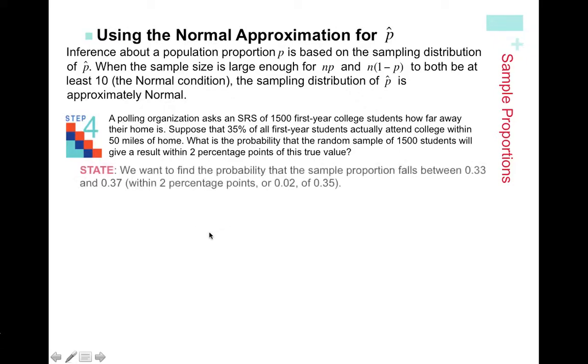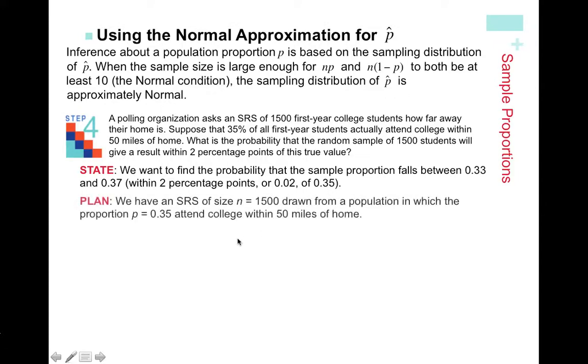So here we go. Let's look at this. State, what are we looking for? We want to find the probability that the sample proportion falls between 0.33 and 0.37. That is 2 percentage points of 35%. Plan? Well, we have a simple random sample of n equals 1,500.